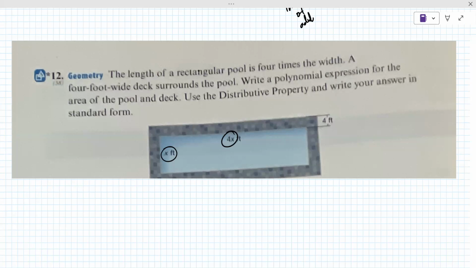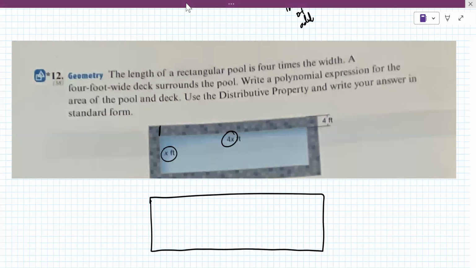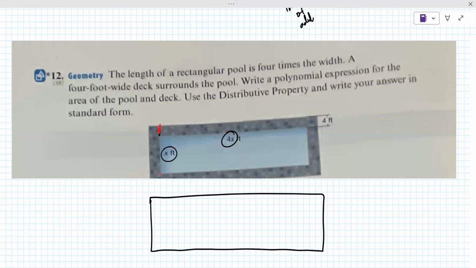Okay, so we want the area of the outside rectangle. So the x here, it's extended both vertically in both directions by 4.